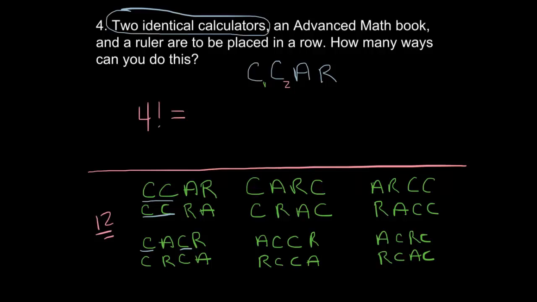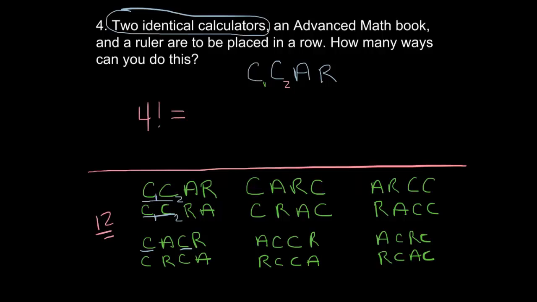So we've overcounted. Now here's the thing. How can we overcount it? Well, if I pretend that the calculators are different, then what I would have had to have listed would have been this. Here's calculator, let's just say this first example here. This would be calculator 1, and this could be calculator 2. Then this could be calculator 1, and this could be calculator 2.